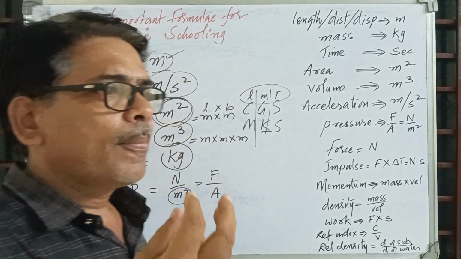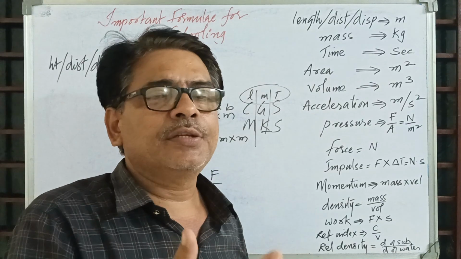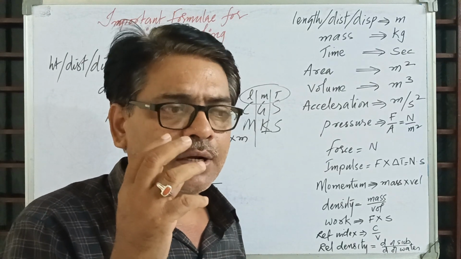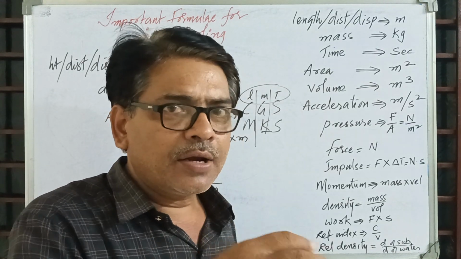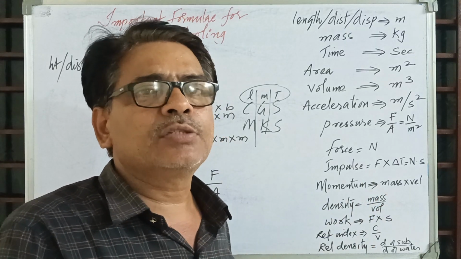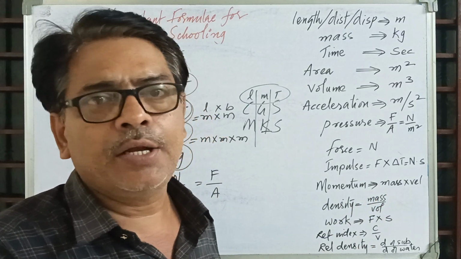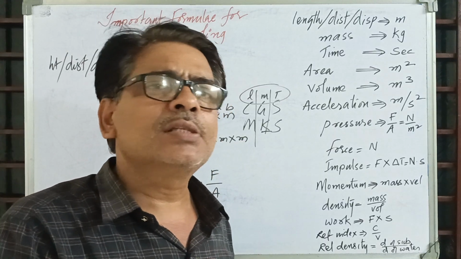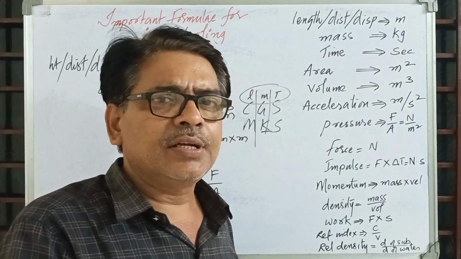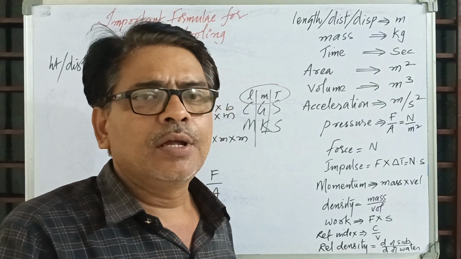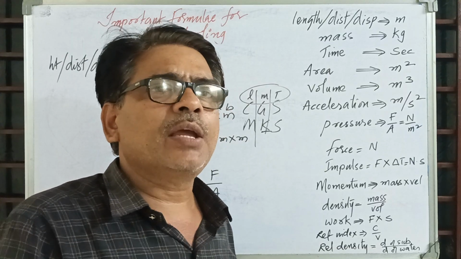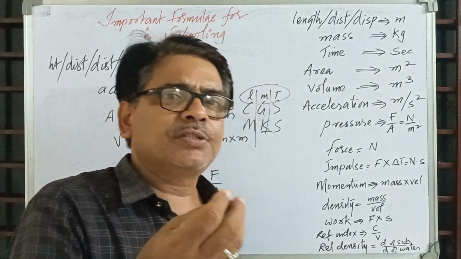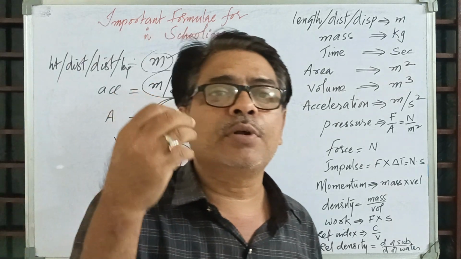Suppose I have something like 100 meter is given to me, and 20 second is given. 100 meter, that will be my distance or displacement or length or height, something related to length only. What else is given? 10 second or 20 second, something I said. So second indicates that it is time. So I have something like distance and I have something related to time.